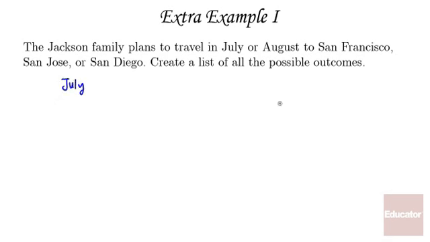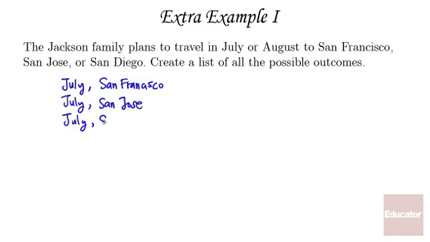So, let's see, July. Now, I'm just going to create a list of all the possible outcomes. So my possible outcomes can be July to San Francisco, July to San Jose, and then July to San Diego. It's easiest when you have to list them out to list out the first event and then the different possible places in your second event.